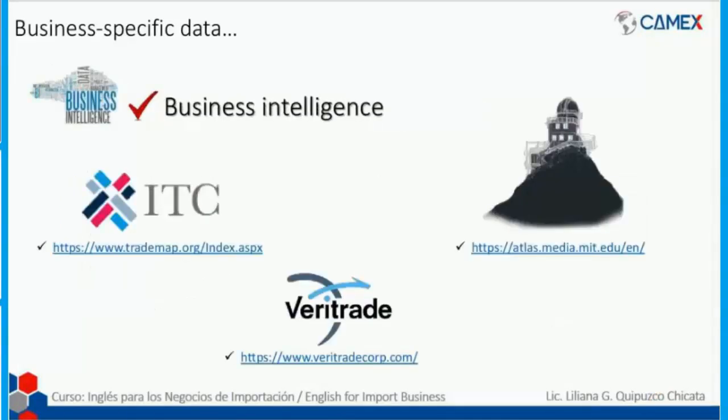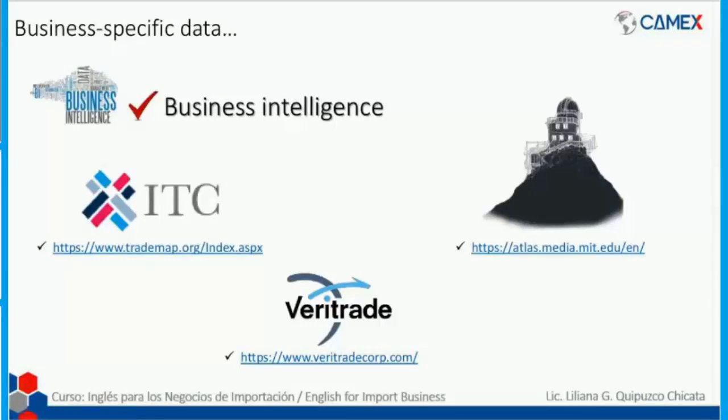So lastly, we have business intelligence. In this case, we're going to use tools to get information not just from another company. We can use this to find a company, but also to know how the market is.